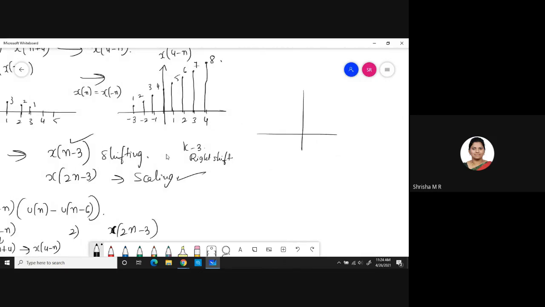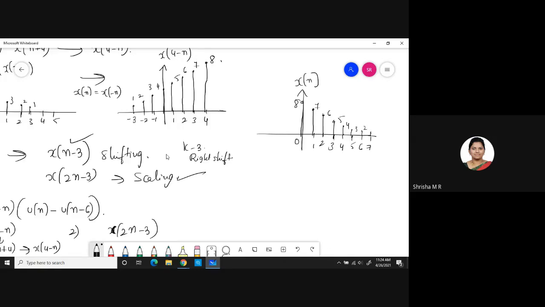first I'll plot my signal x of n, which is nothing but at 0 it is 8, at 1 it is 7, at 2 it is 6, at 3 it is 5, at 4 it is 4, at 5 it is 3, at 6 it is 2, at 7 it is 1.